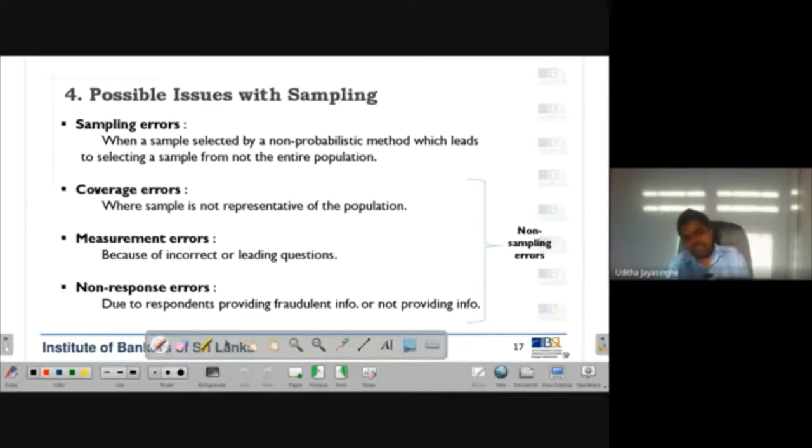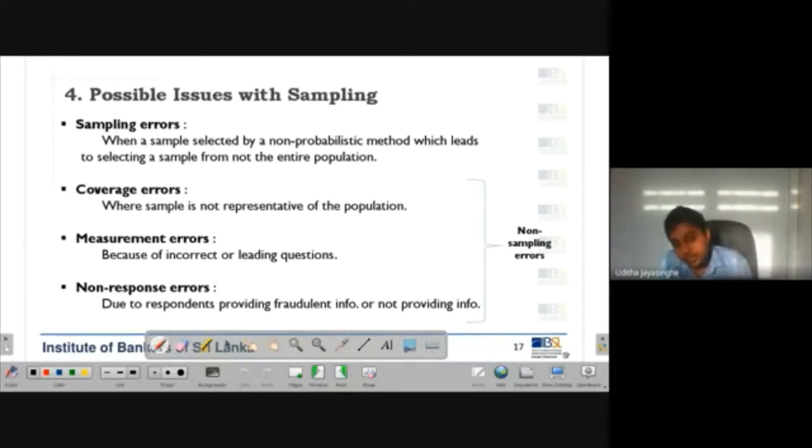Right. So these are, to recap, some of the issues that can happen with sampling. Again, I reiterate, why do we do sampling in the first place? It's merely because we need access to the population, but we don't have the entire access. So we try to do some assessment and get a set of items so that the population can be explained.